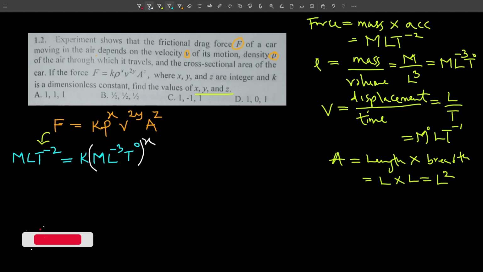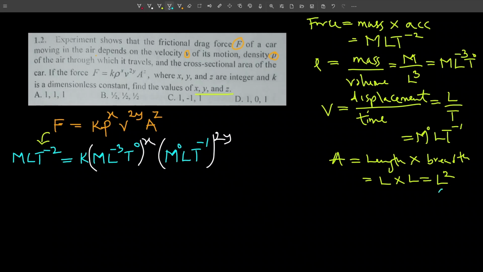Next quantity we have is velocity, which is m raised to the power 0, Lt raised to the power minus 1. And v is also carrying the power 2y, so this is raised to the power 2y. Lastly, we have A, and A is L raised to the power 2.